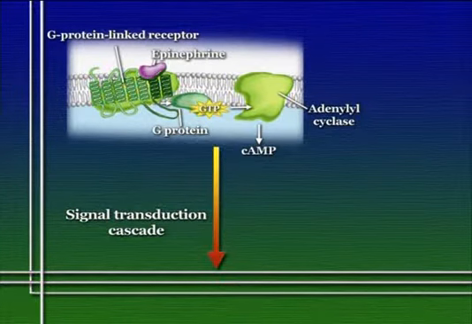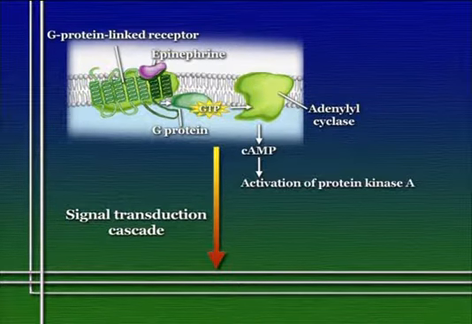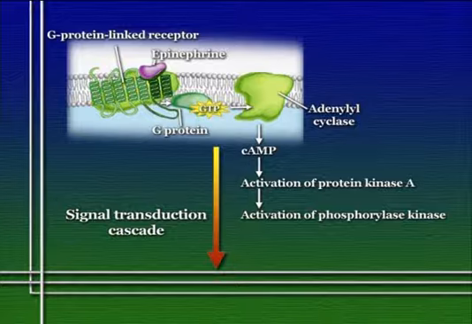For example, in the cascade that is involved with epinephrine signaling, the cyclic AMP causes an enzyme called protein kinase A, a pretty simple name, it's a protein kinase, and it's the version A, to become phosphorylated. So protein kinase A becomes phosphorylated through the action of cyclic AMP. What happens then is protein kinase A in turn causes yet another enzyme, this one happening to be called phosphorylase kinase, to become phosphorylated itself. These kinase names do get a little confusing.